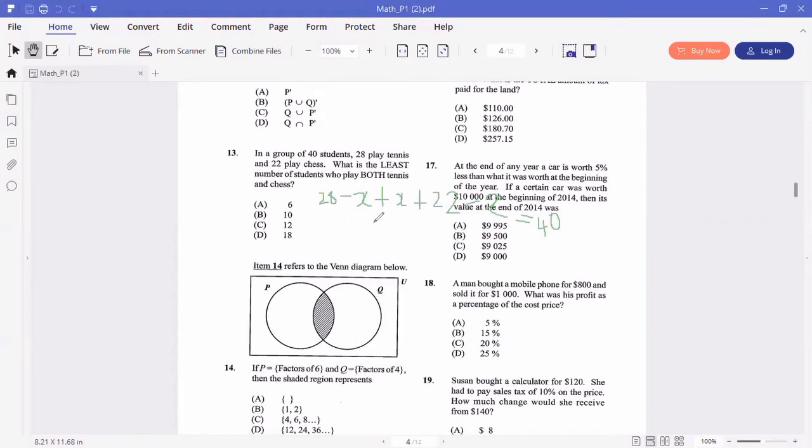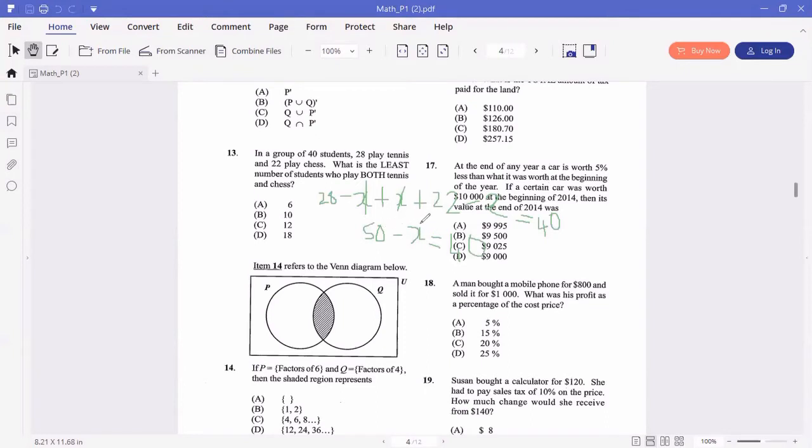So if we group like terms, we should get 50 minus X, because minus X cancels positive X there. So we're left with minus X. That will give me a value of 40.